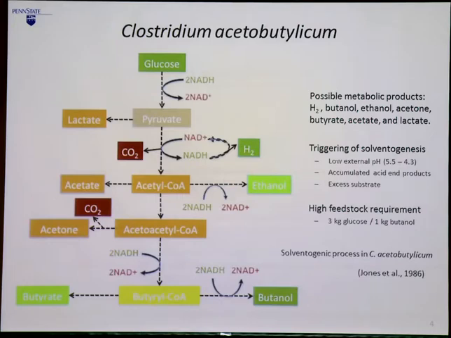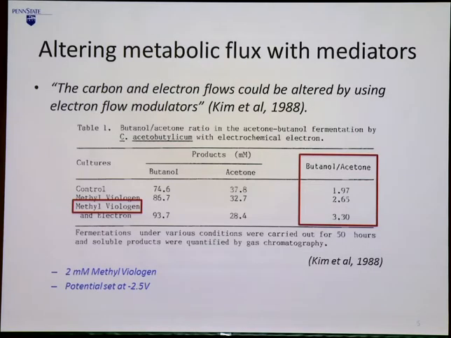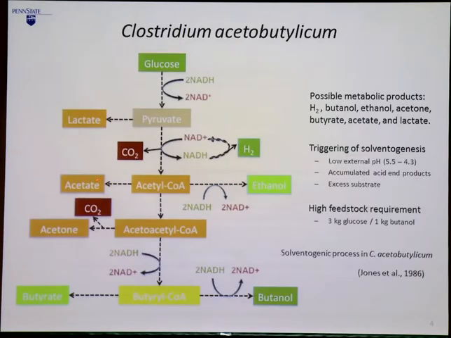With glucose as the substrate, Clostridium acetobutylicum can first have the acetogenic process for the production of lactate, acetate, acetone and butyrate.